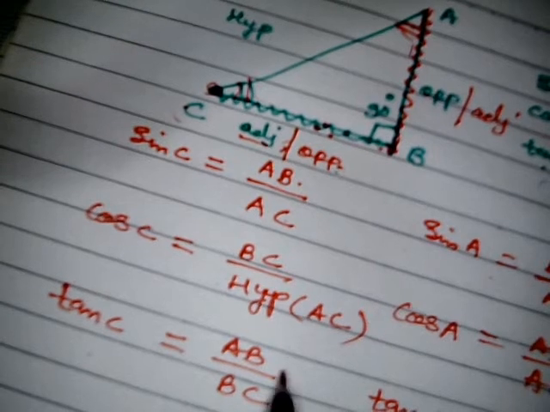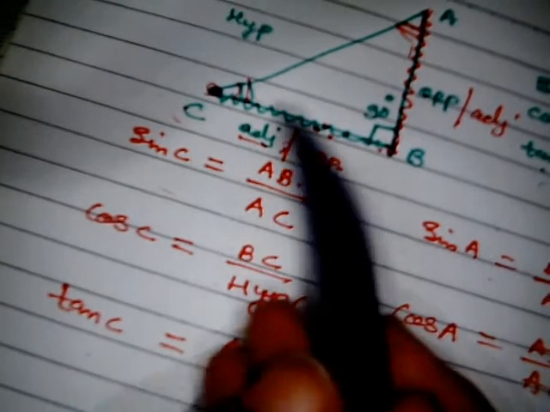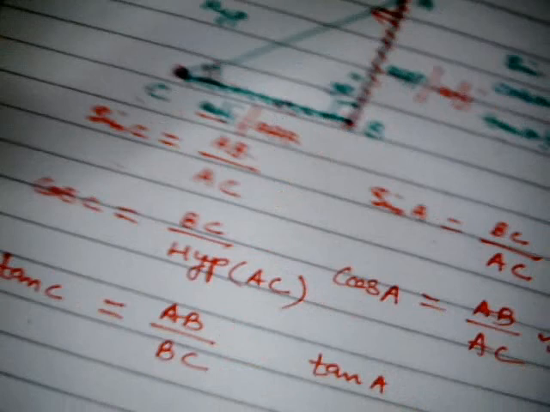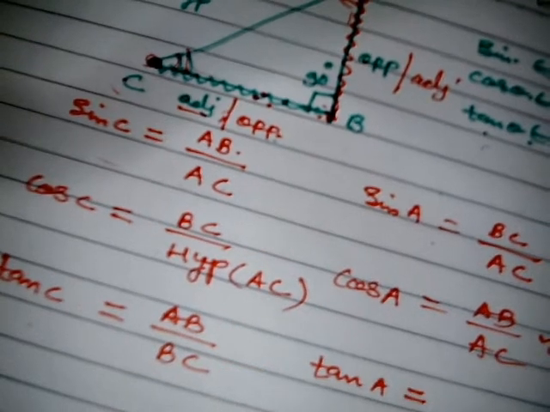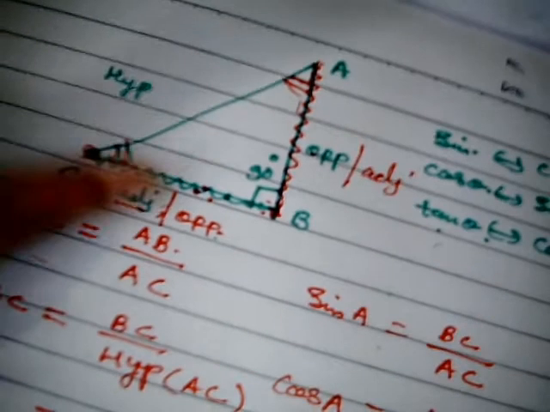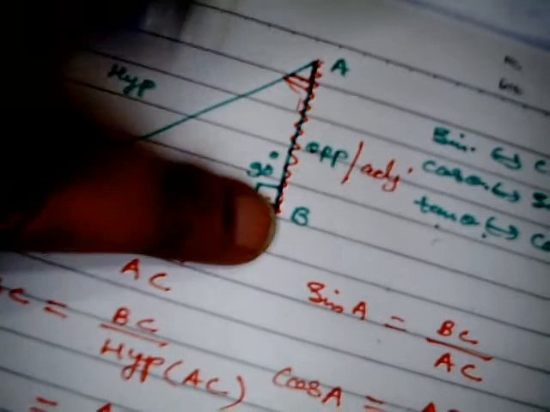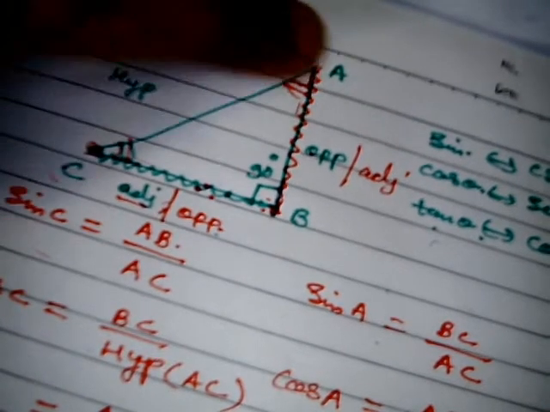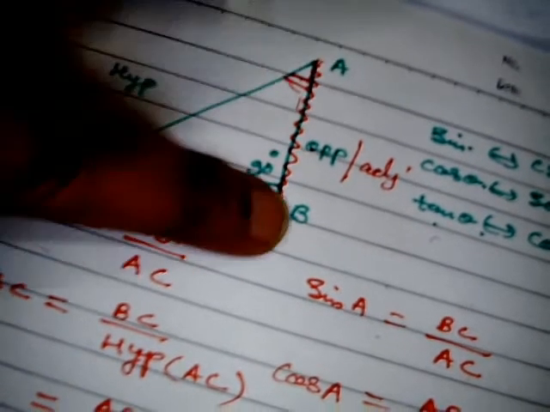Now I am going to calculate tan A. So what is tan A? If we are defining for A, the side which is attached with A is going to be your adjacent, and the other side is going to be opposite. So A angle opposite side is BC.